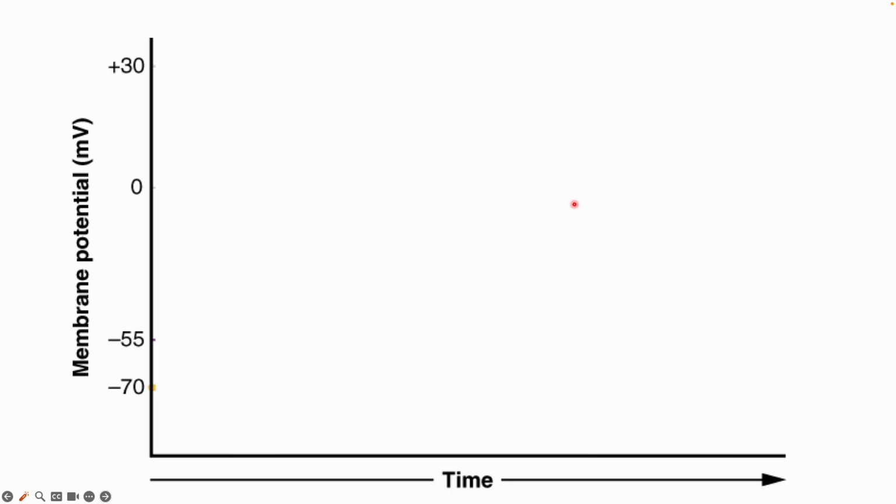gradient. We're going to look at the membrane potential of a neuron as it gets stimulated and has a change in the action potential. So we start off with our resting membrane potential of negative 70 millivolts.